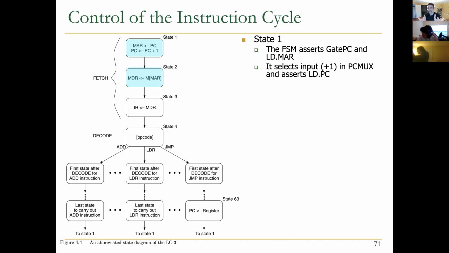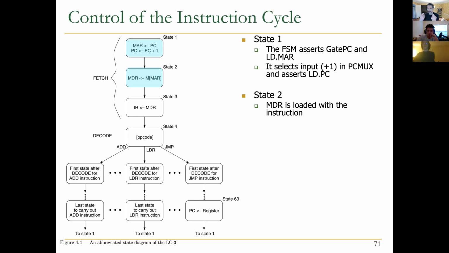Essentially, at this state, the encoding of the instruction that is located at the location PC in the memory would be loaded into the MDR. So you have the encoding of the instruction already in the MDR, where you can go and decode it.